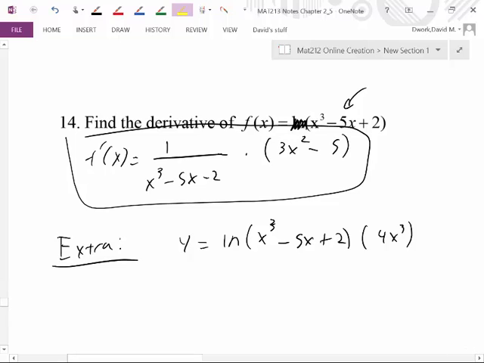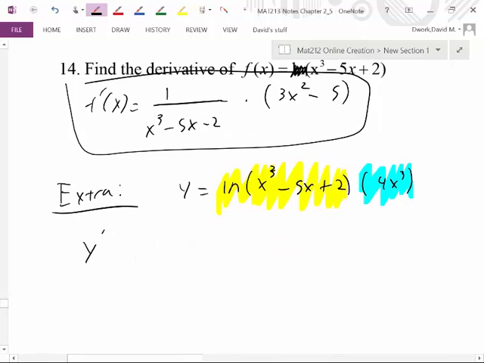This problem, you see, has natural log, and we are multiplying that function times another function there. So therefore, we're going to break this up using product rule, but we also have a little bit of chain rule. Lots of fun. So derivative of natural log, that is 1 over your junk, x cubed minus 5x plus 2, times the derivative of the inside, which would be 3x squared minus 5.